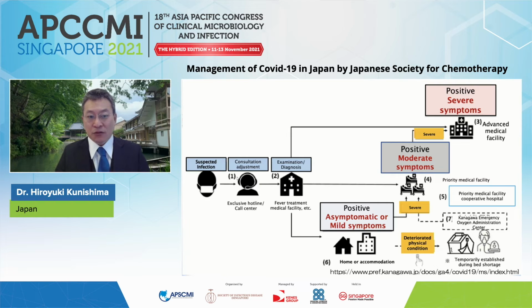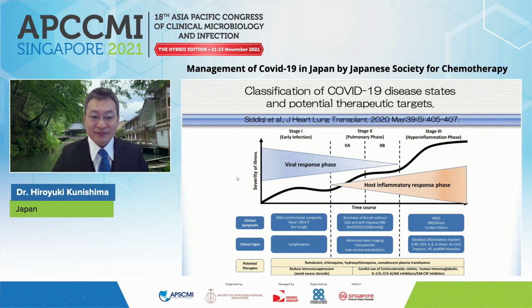If mild or moderate patients become severely ill during the course, they will be admitted to an appropriate medical facility, respectively. Medical facilities will be provided with advice on infection control and any necessary medical support.